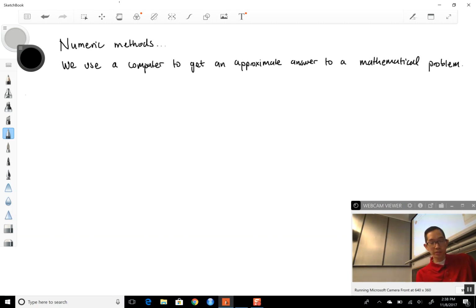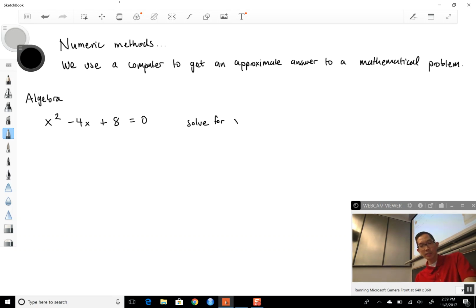So, contrast this to algebra. If I said you have x squared minus 4x plus 8 is equal to 0, and I say solve... I don't know. What would we say?